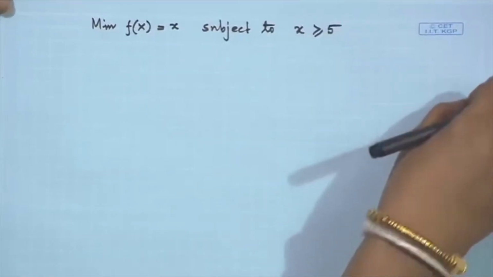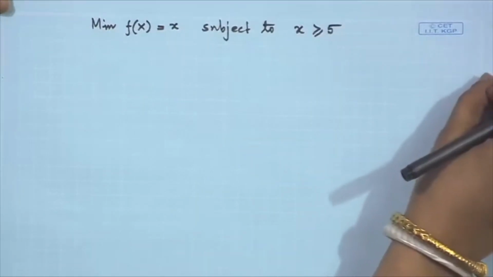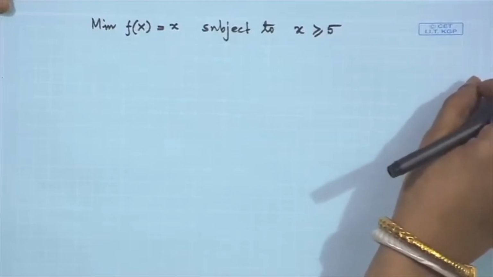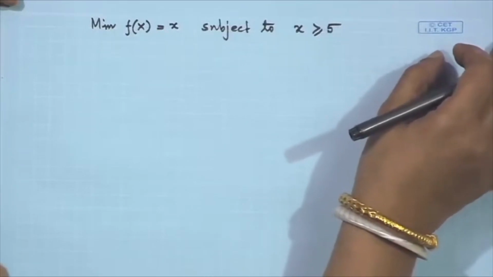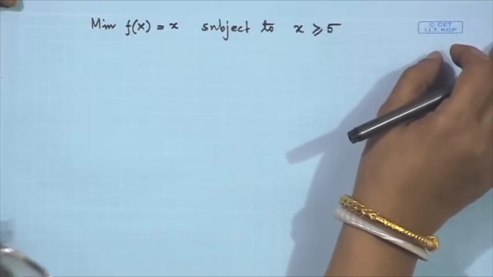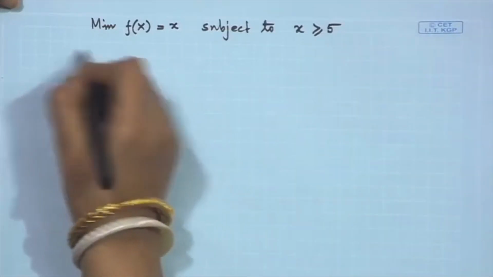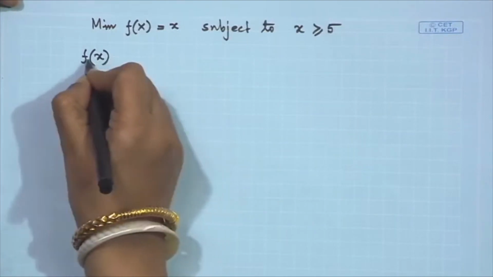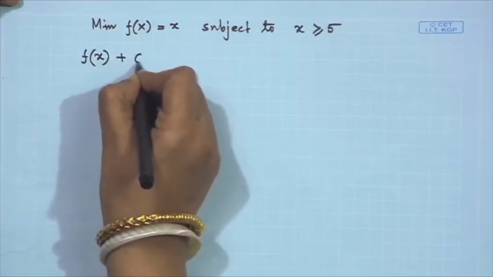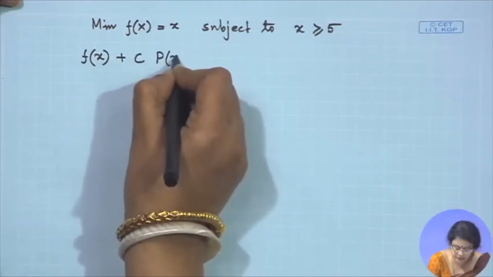Now the problem is a very simple one, that is why the solution of this problem must be 5, because 5 only gives you the minimum value of fx. Now in the penalty function method, what we do is convert this problem to fx plus cpx.